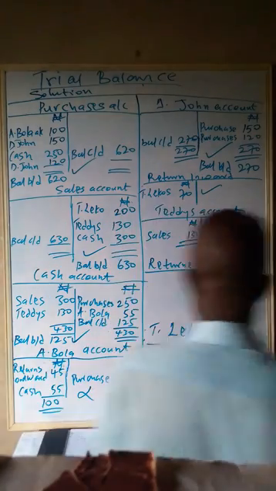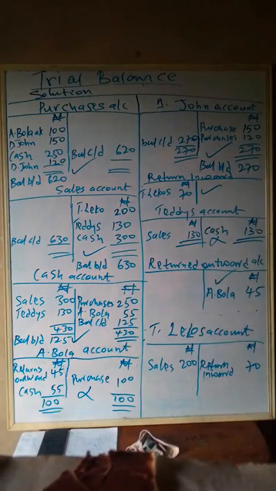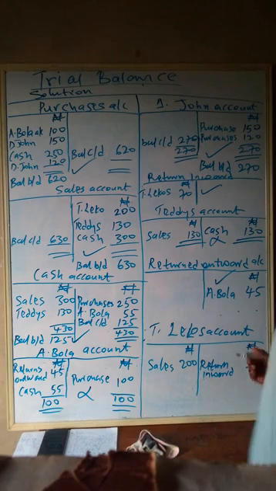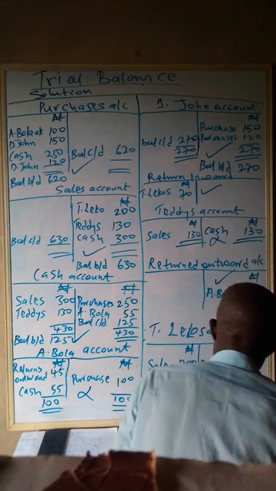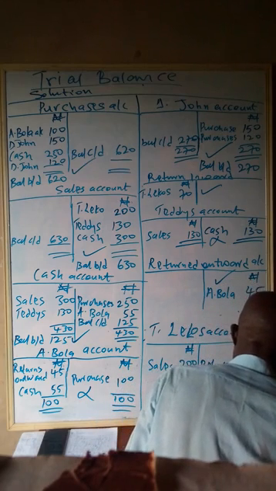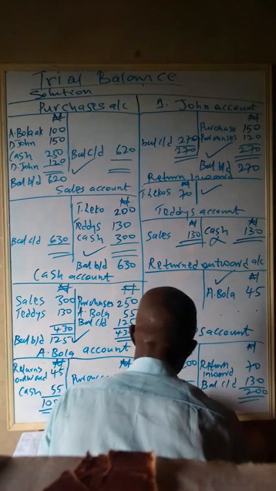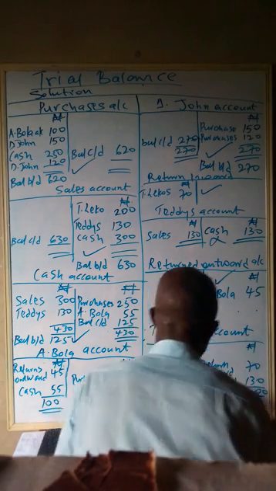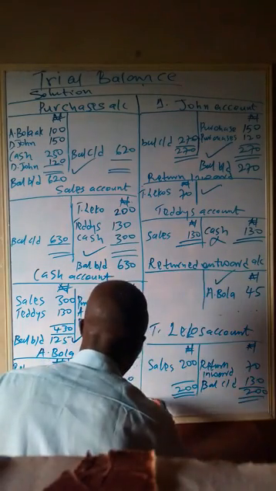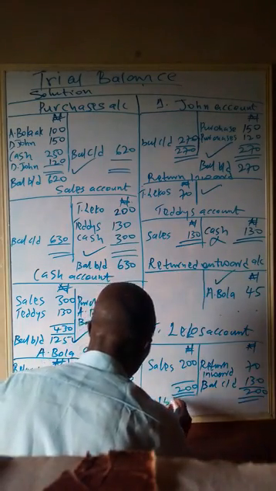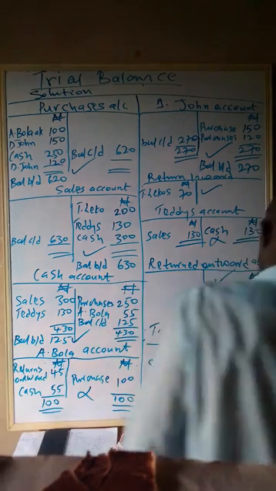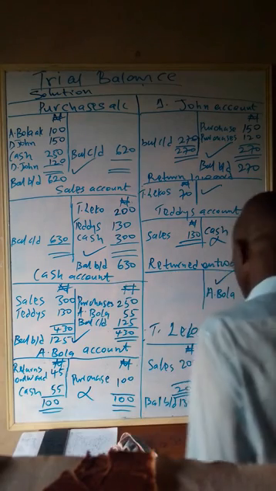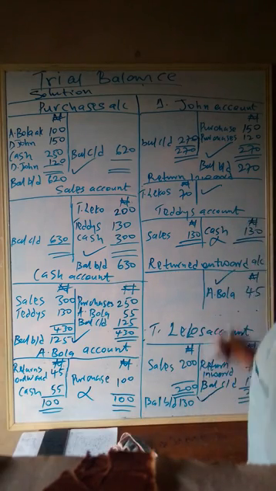What do we do? We sold goods to him, 200, and he returned 70. So I'm going to balance CD. That is 130. So I rub it off. That's 200. Then I bring my balance CD here as balance BD, and that is 130 naira. And this is going to trial balance also.